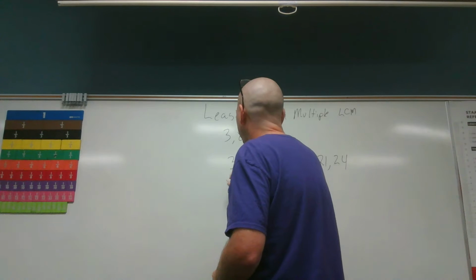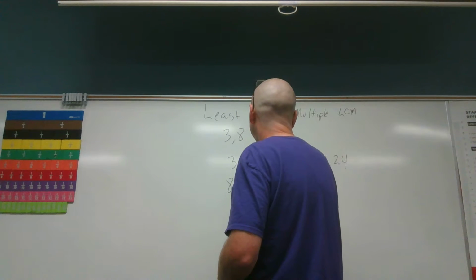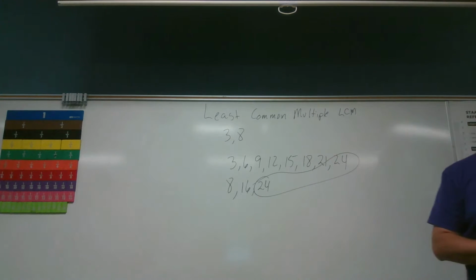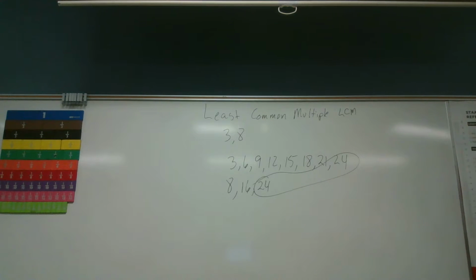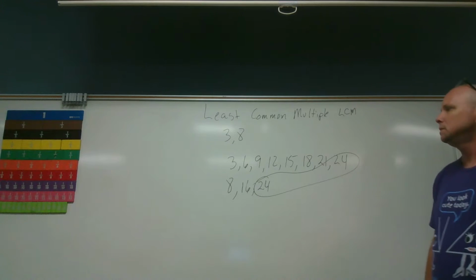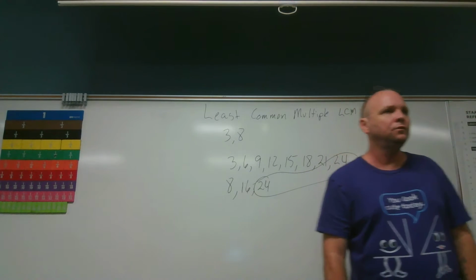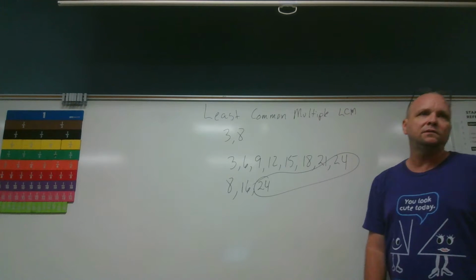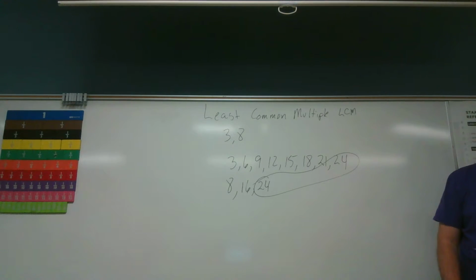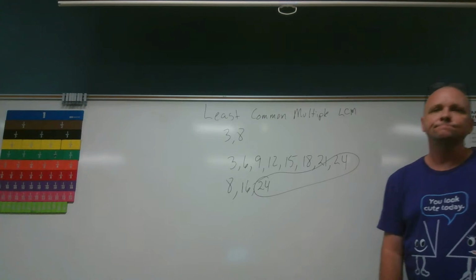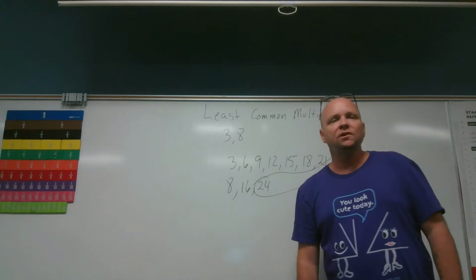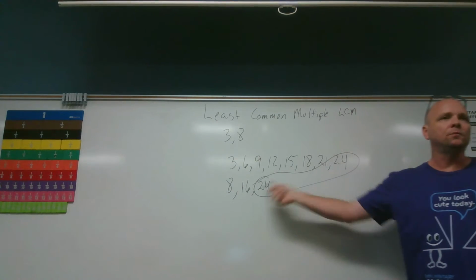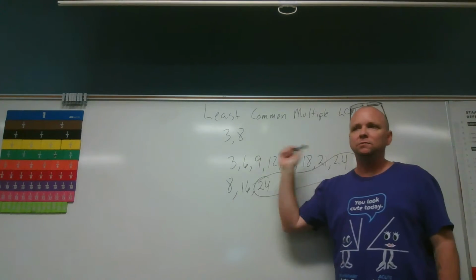Stop. 8, 16, 24. 24 is my least common multiple. All I have to do is list them, and we're going to get where we need to be. It usually doesn't take as many of the larger multiple as it does the smaller multiple.